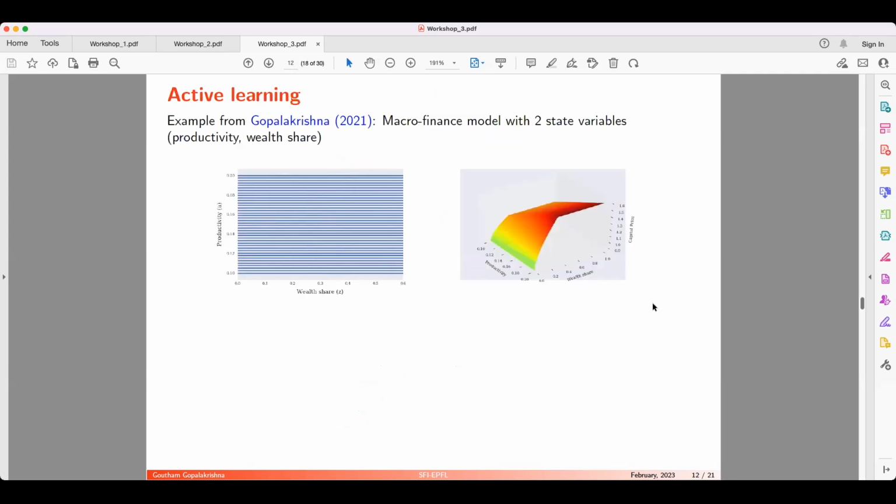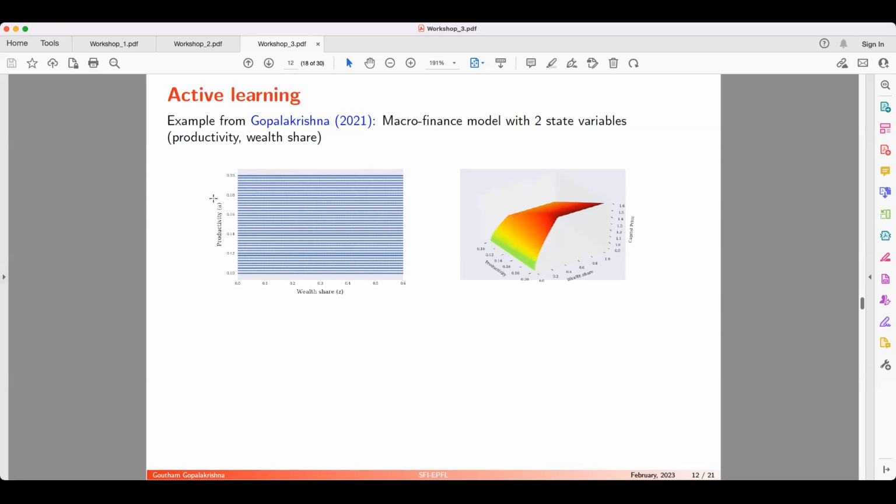All right, cool. Now, here's an example from one of my papers where active sampling can be very helpful. Let's think of the grid here. This is a 2-dimensional problem. One is a wealth share of the intermediary. Second is the productivity parameter. If you're familiar with the model from Econ 5 to 9, this is some variant of the model that you saw in a handbook chapter, where wealth share of the experts is an endogenous state variable.